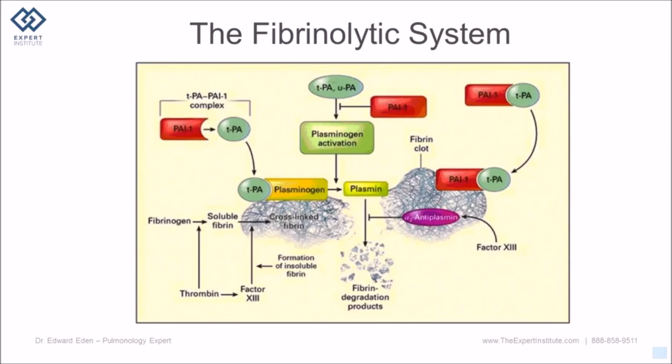Next slide. Nature has developed an antagonistic system to clotting so that when you cut yourself and you develop a clot in the bleeding site, a system is activated that will eventually dissolve that clot and allow normal restoration of blood flow in the injured area.